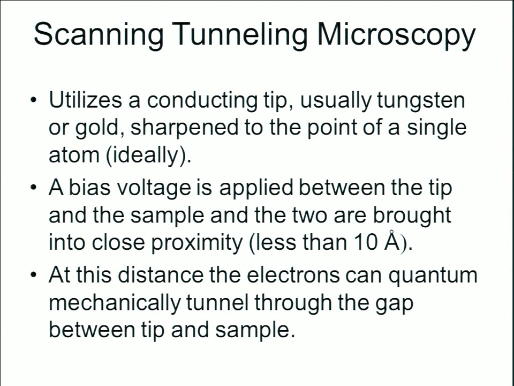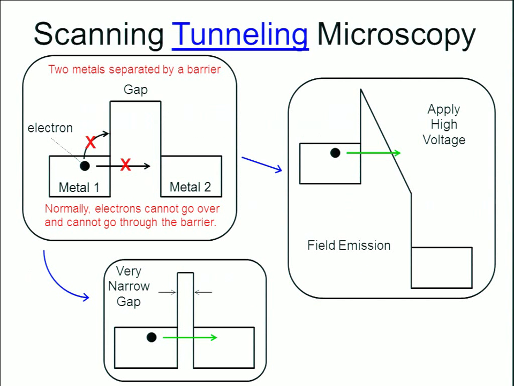At this distance, the electrons can actually quantum mechanically tunnel through that gap between the tip and sample. The tunneling current that occurs between the tip and sample is actually what we use to measure surface topography.